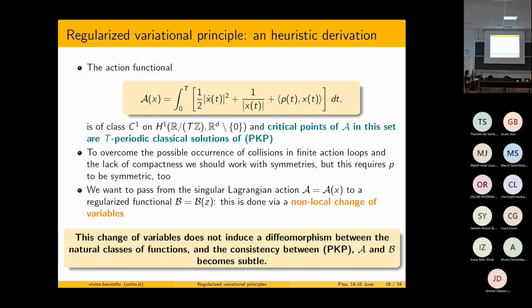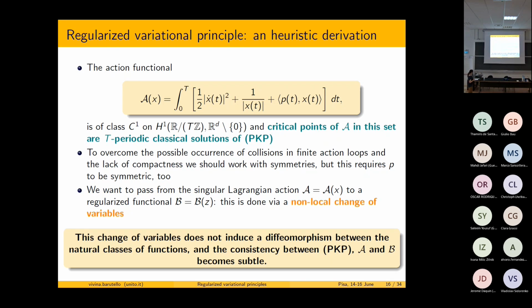Here I'm working with periodic solutions, so I focus on periodic, but it is well known that the action functional is of class C1 on periodic loops without collisions that do not intersect the singular set, and the critical points of this action functional are classical solutions in this set, of course.